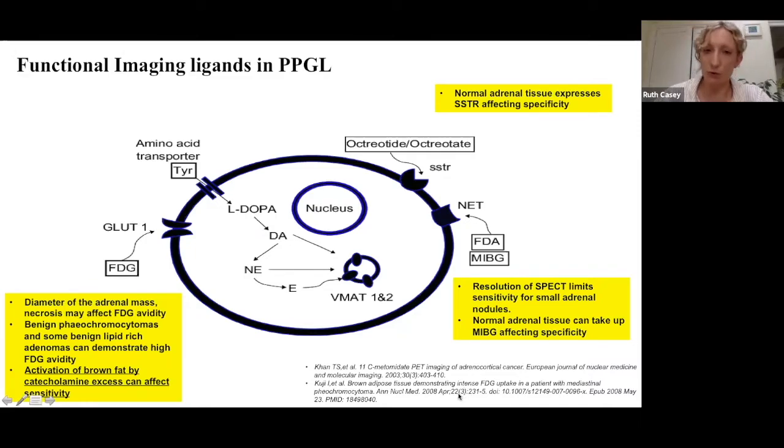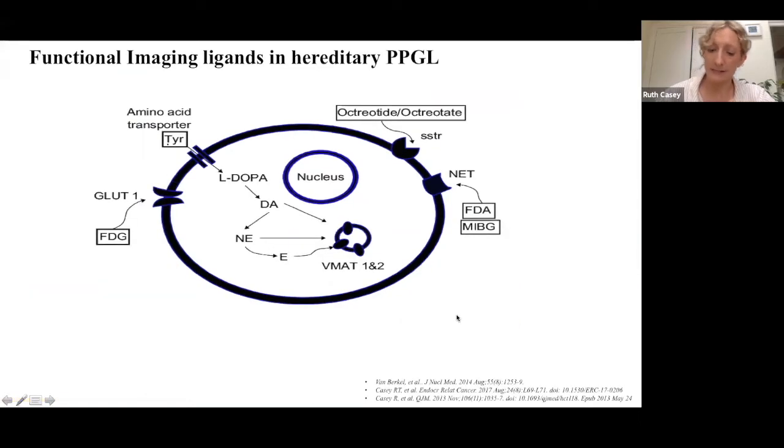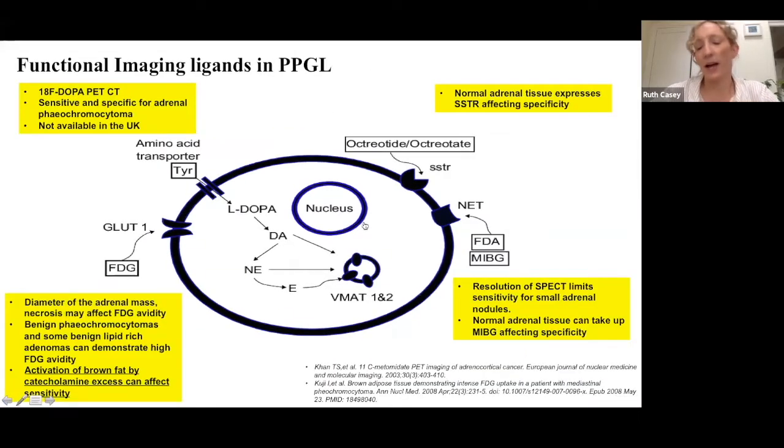The same is true for somatostatin receptor imaging, be that gallium dotatate PET CT or octreotide SPECT CT, because we see an abundance of somatostatin receptor expression, both 2 and 5, in the normal adrenal tissue. So again, somatostatin receptor imaging is not very sensitive or specific for looking for small pheochromocytomas.